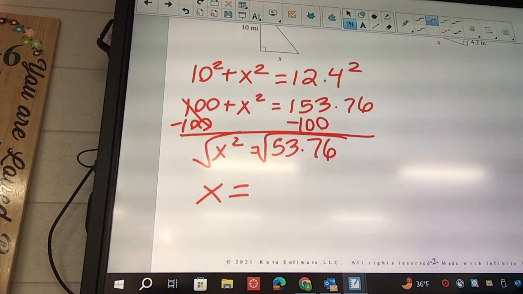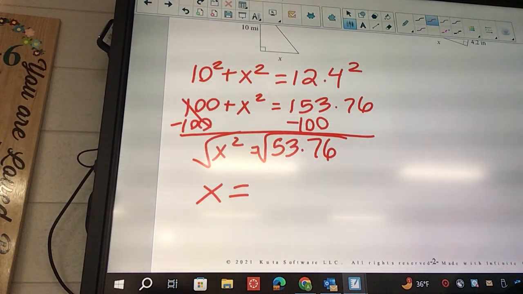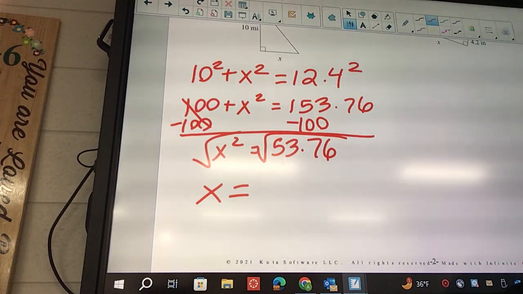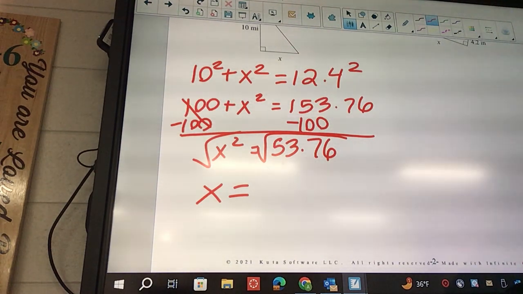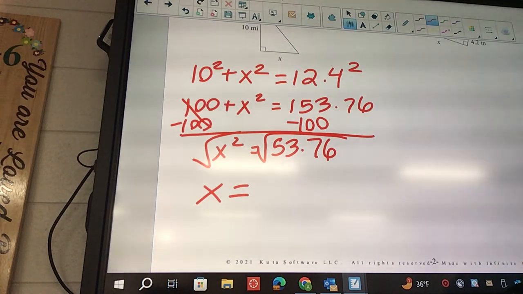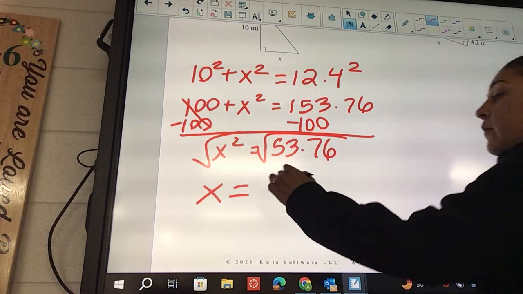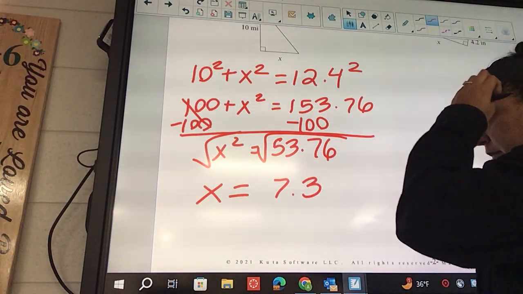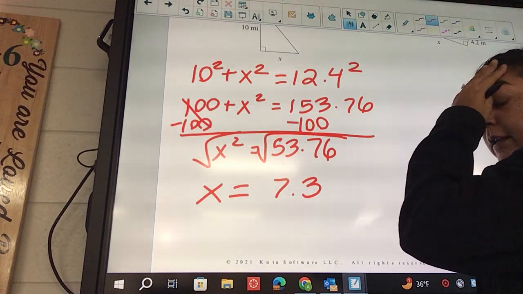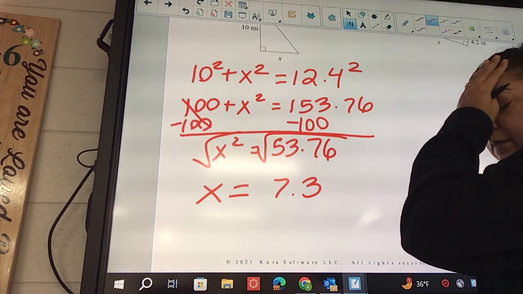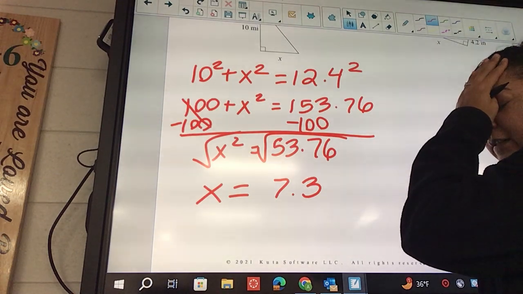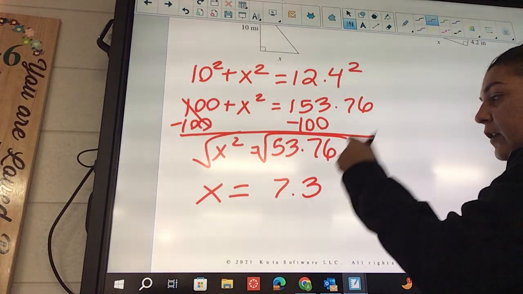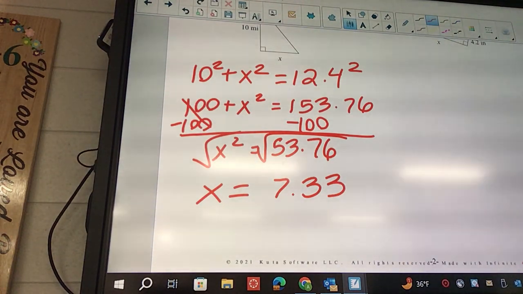What is 53.76 square rooted? 7.3, 3, 2, 1, 2. So it's going to be 7.33.